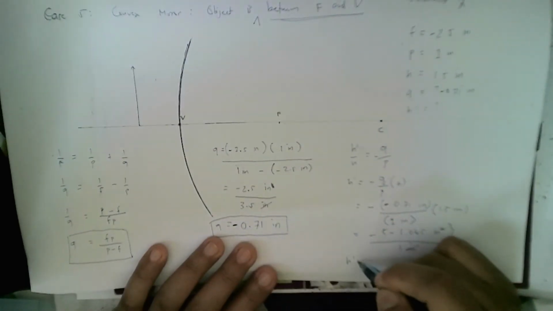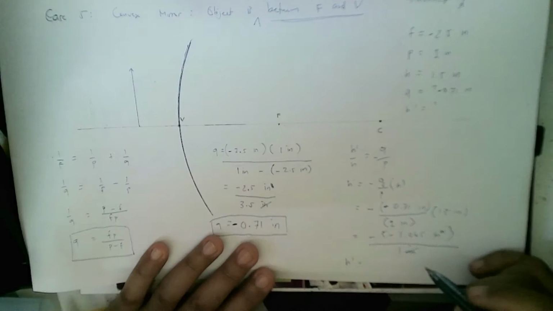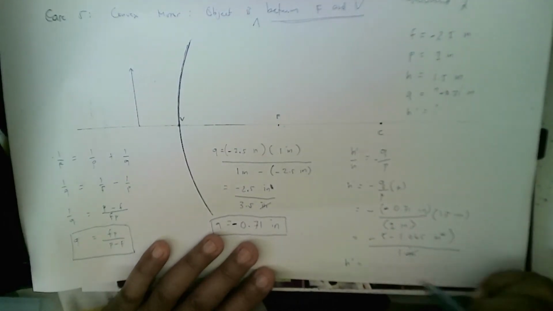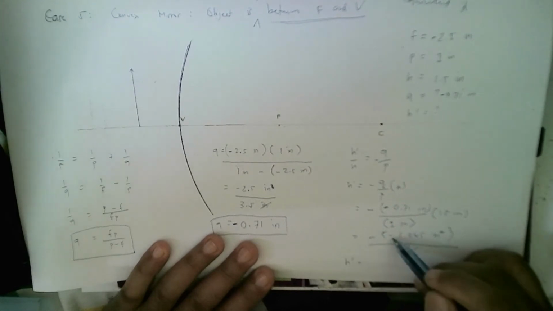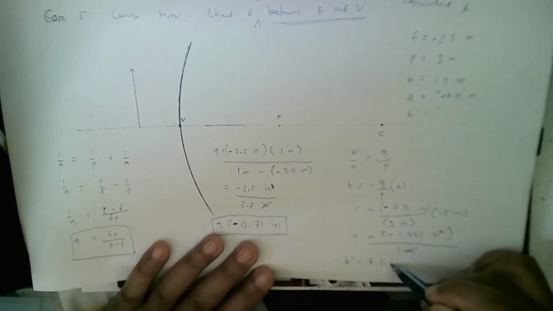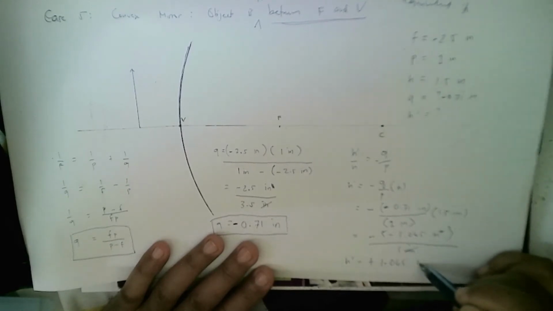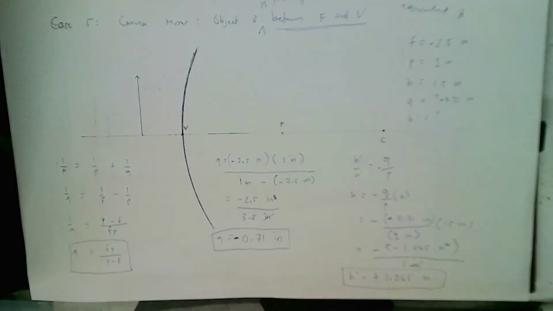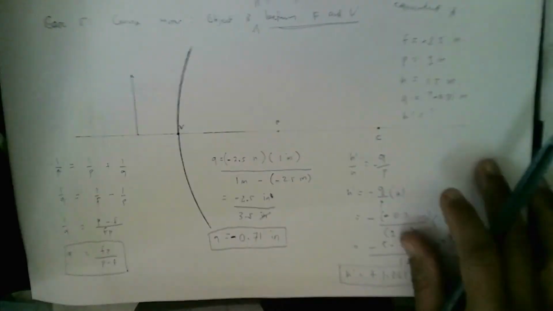So the H prime is, well, anything divided by 1 is just itself, right? And then negative and negative becomes positive. So that gives me 1.065 inch. Okay? So now I can go to the analysis.